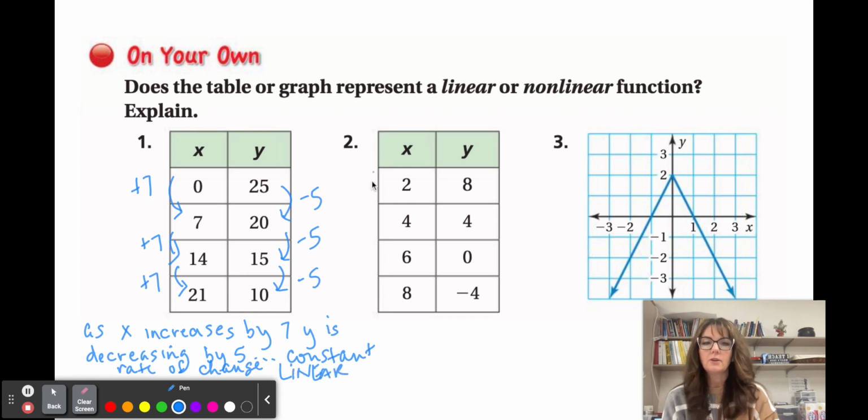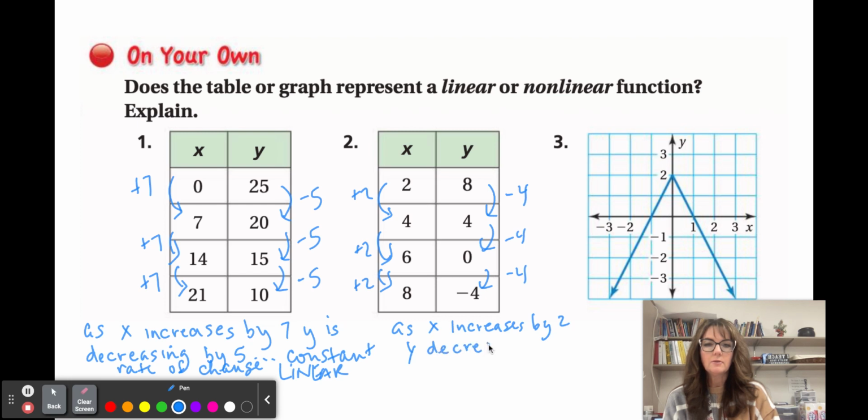Okay, looking at 2. It's going up by 2, by 2, by 2. This is going down by 4, by 4, and by 4. So as x increases by 2, y decreases by 4.